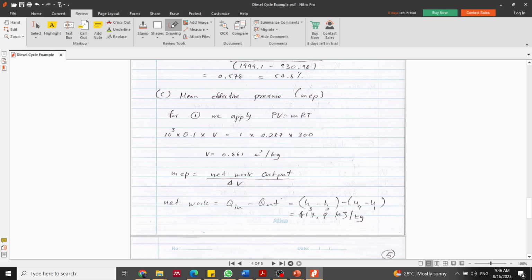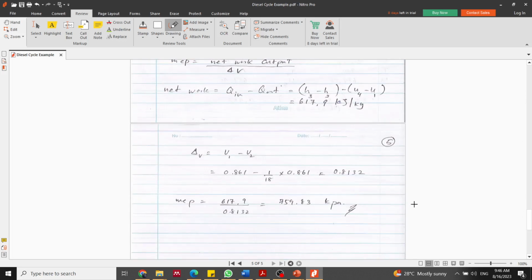Then it becomes 617.9 kilojoule per kilogram. Now both quantities, the V value and the network output, are per kilogram.